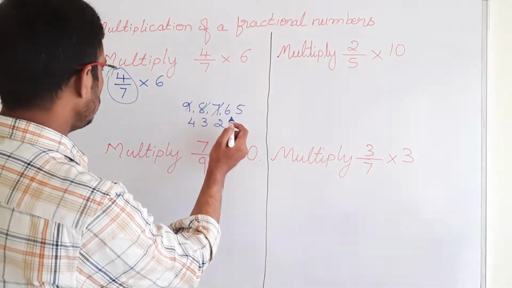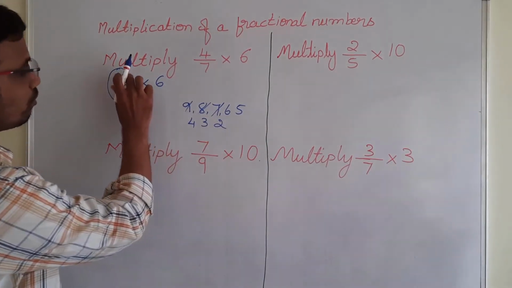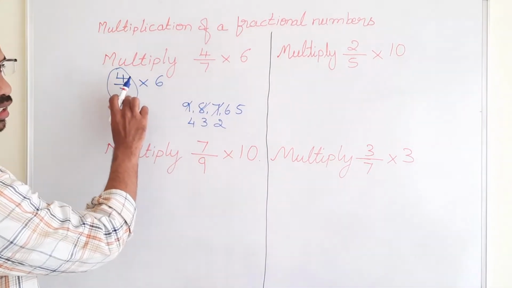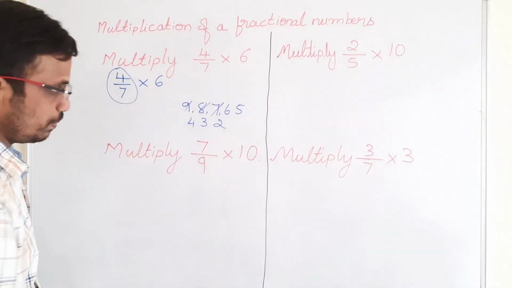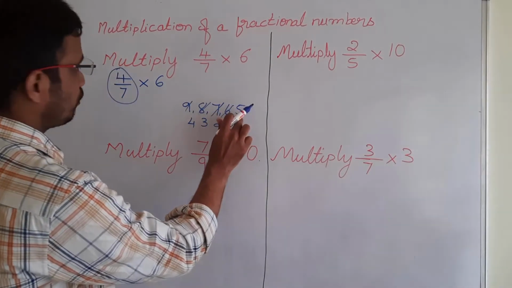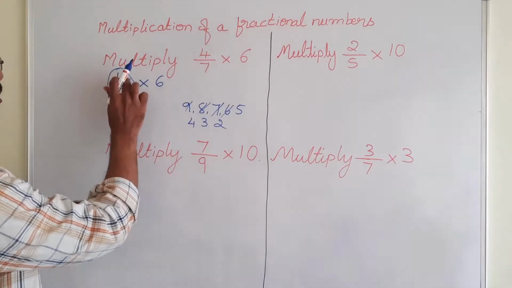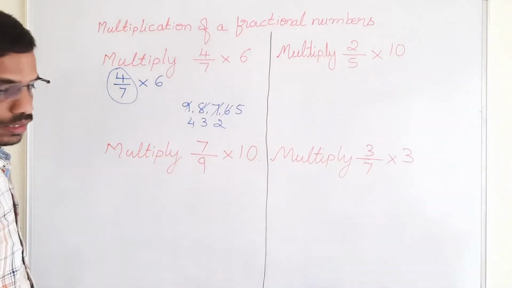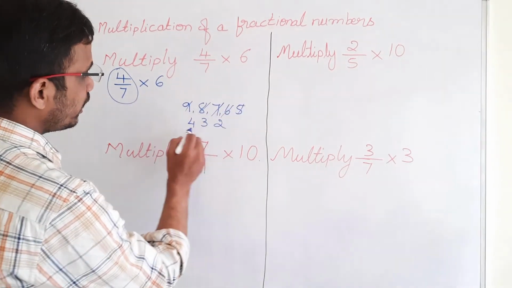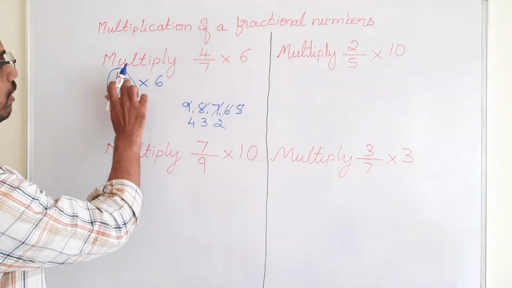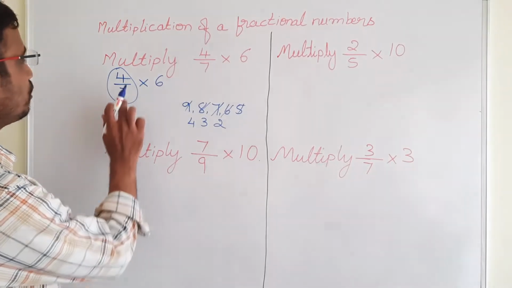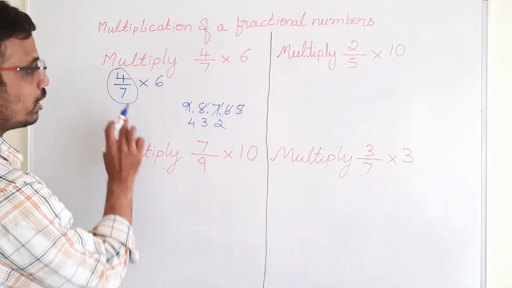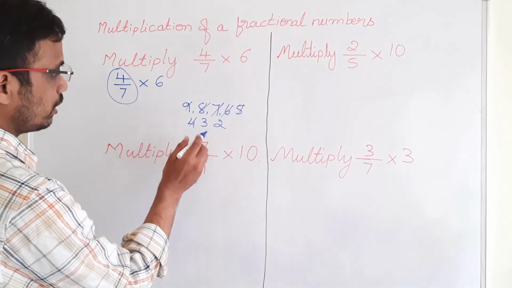Next number is 6. 6 does not divide 4, and it does not divide 7 either. Next, 5. 5 is again not a common factor of 4 and 7. Now, next number is 4. 4 divides this 4 exactly, but it does not divide 7. So again 4 is not a common factor.